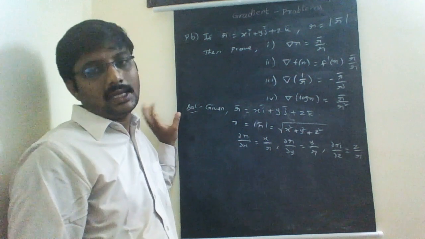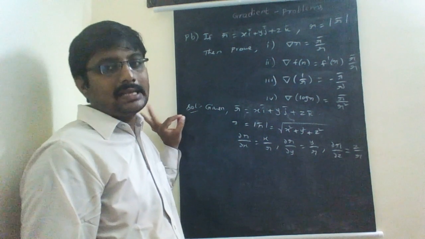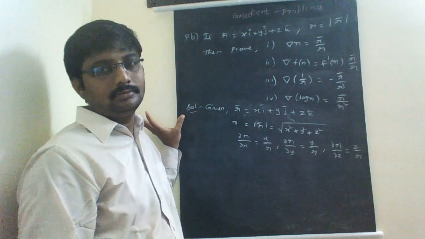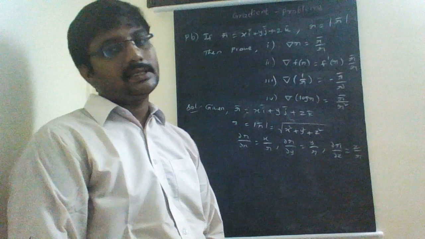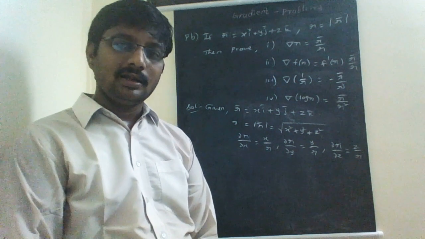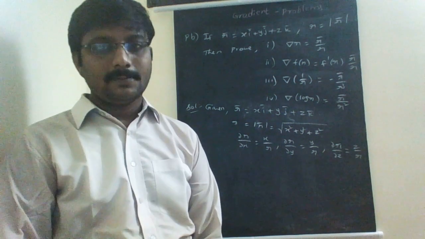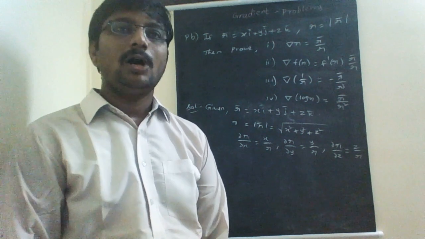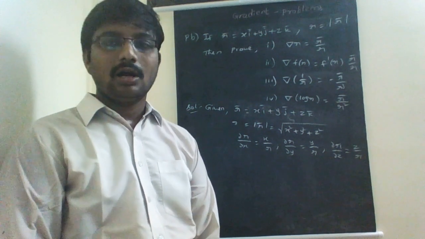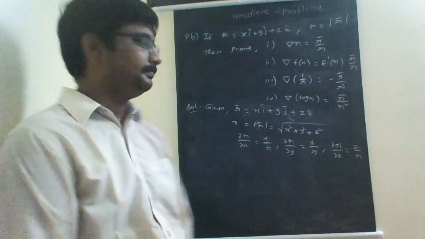Throughout vector calculus they are used like axioms. So r bar is xi plus yj plus zk, r is root of x square plus y square plus z square, r square is x square plus y square plus z square, and dou r upon dou x is x by r, dou r upon dou y is y by r, dou r upon dou z is z by r.